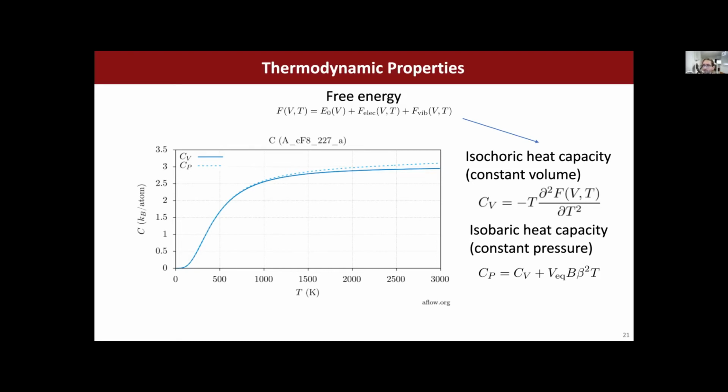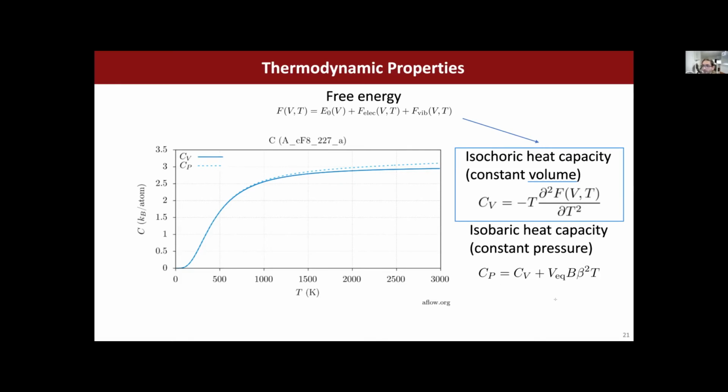We can do it when your solid has a constant volume, and it's called isochoric heat capacity, or, which is more usual for experiment, at constant pressure, for example ambient pressure, and it is called isobaric heat capacity. If you're using the harmonic approximation, you can only get an isochoric heat capacity because it corresponds to some constant equilibrium volume of your given structure.